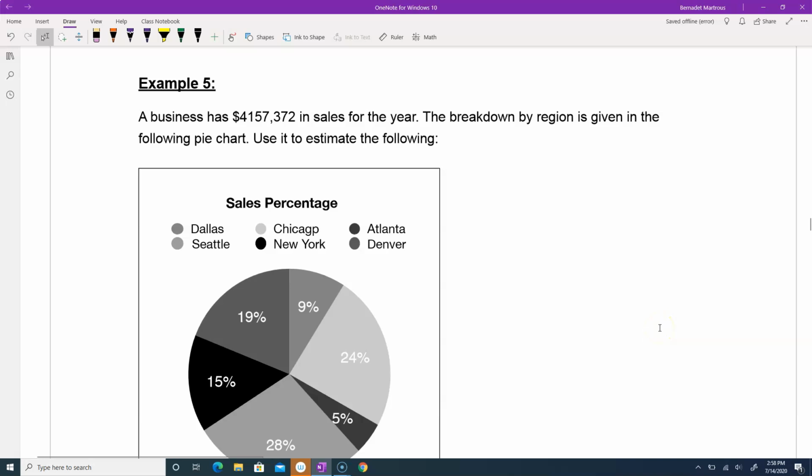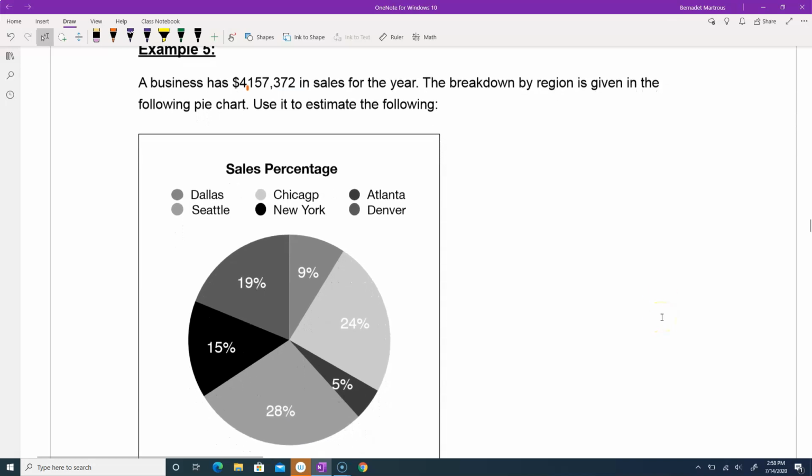For example number 5, here a business has $4,157,372 in sales for the year. Use it to estimate the following. So sales is $4,157,372. And here we have 6 parts in this pie chart.